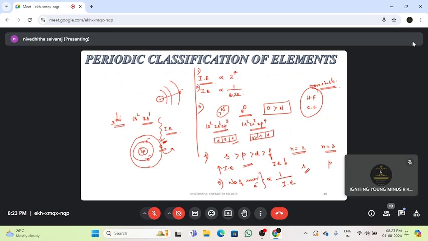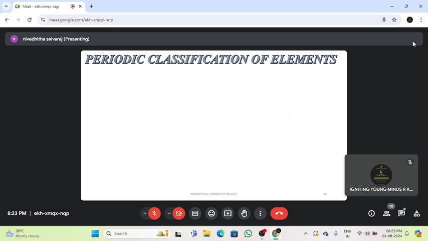Okay, so this is not only applicable for the 17th group, it is applicable for all the groups. For example, let us take the 17th group elements: fluorine, chlorine, bromine, iodine, astatine.